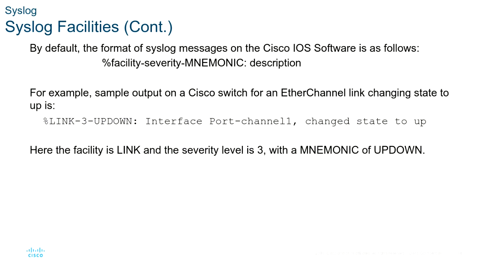It changed state to up, and this appears on the screen briefly, but if you configure the syslog server, it will also be sent to the syslog server, so long as you're looking at severity levels at least as high as 3.